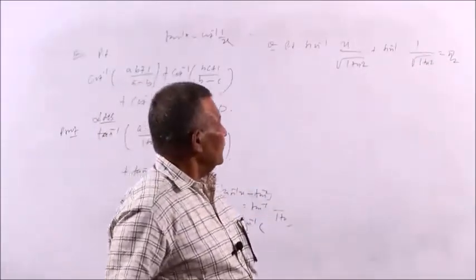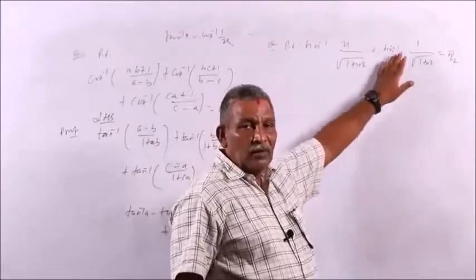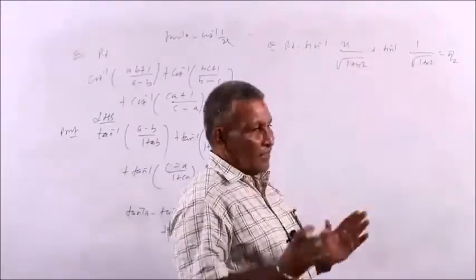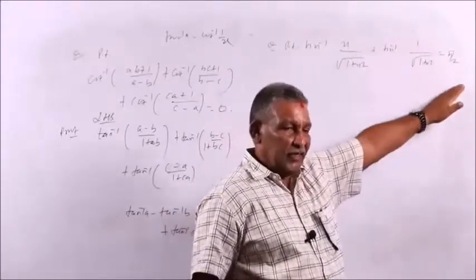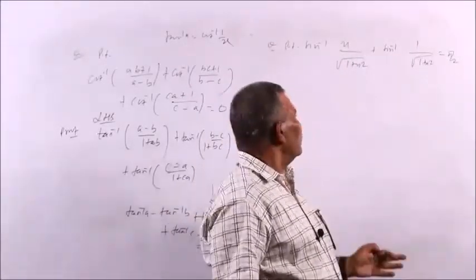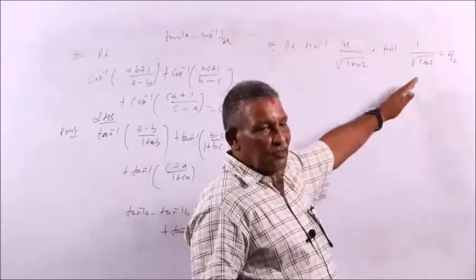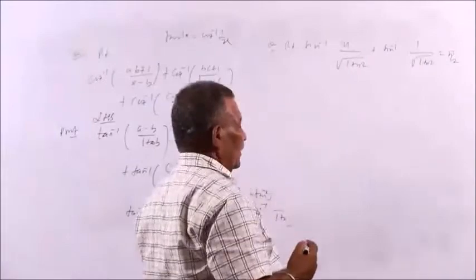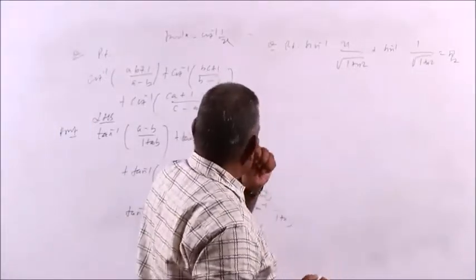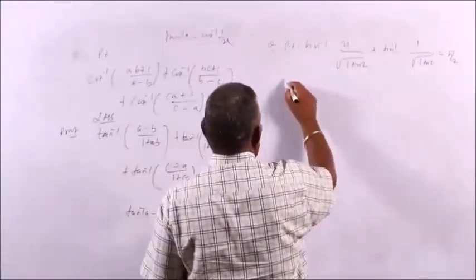Students, one important thing you have to remember, in place of 1 plus x square, you can take x equal to tan theta. In place of x square minus 1, you can take sec or cosec. In place of a square minus x square, you can take sin or cos in place of x. And here the form is 1 plus x square.